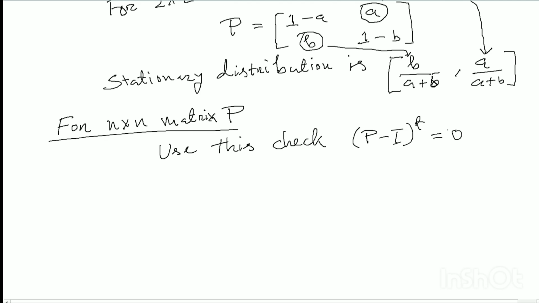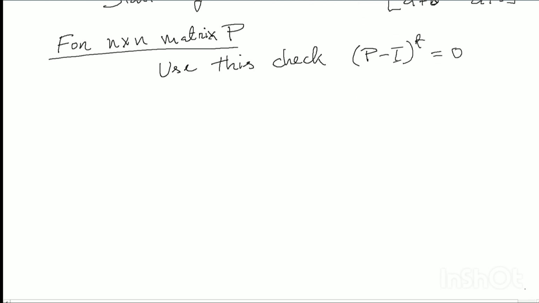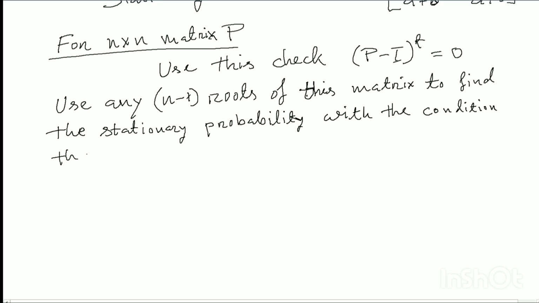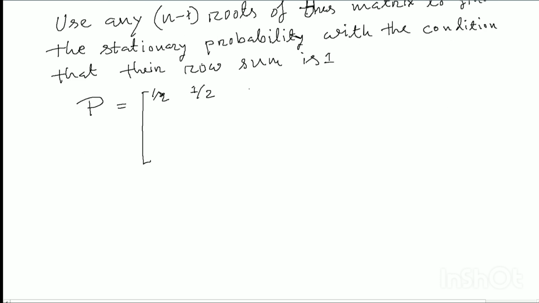So take P minus I, and use any n minus 1 rows of this matrix to find the stationary probability, with the condition that their row sum is 1.